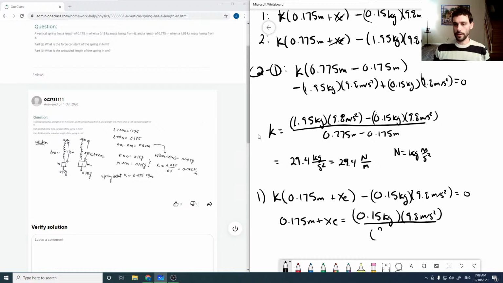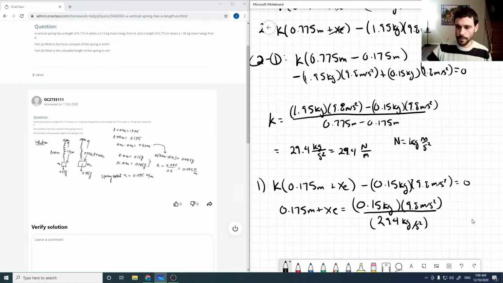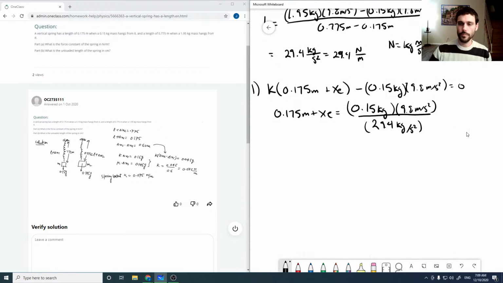Putting in our value for K, 29.4 kilograms per second squared, our XE, our equilibrium length, is then just this value, which comes out to be 0.050 meters. You can see the kilograms will cancel, the seconds squared will cancel.